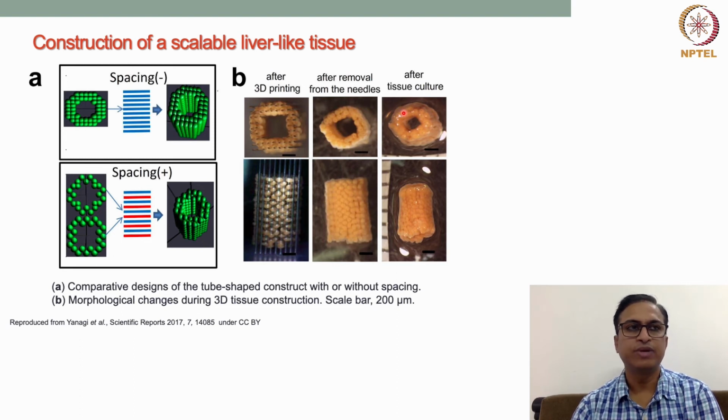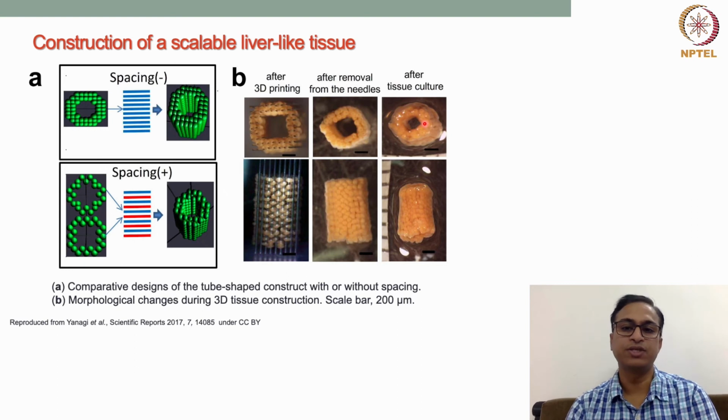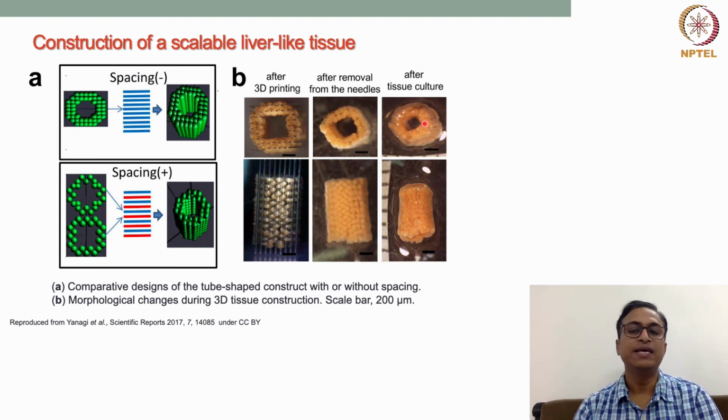And then when it is cultured for some time, these pores are no longer visible, and a continuous tissue like structure is clearly visible. This construct is nothing but the cells, and cell plus cell derived extracellular matrix is present, not hydrogel, sorry.